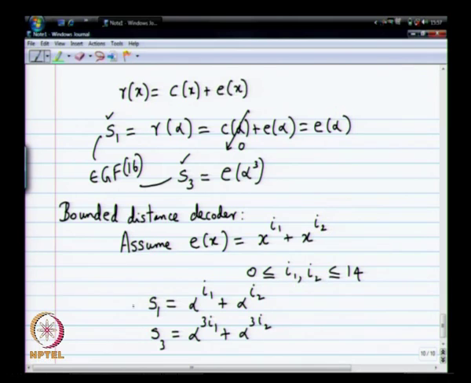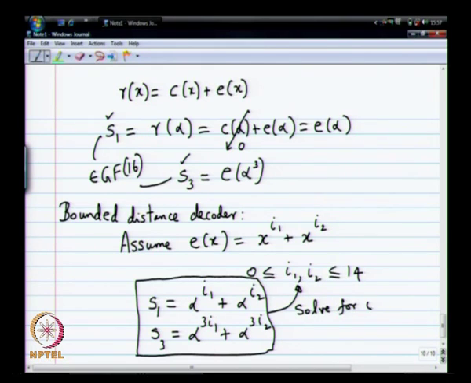Okay, so these are the two equations that you have, and you have to solve for I1 and I2. And these are equations in, remember, GF16, so these are not equations in anything else.